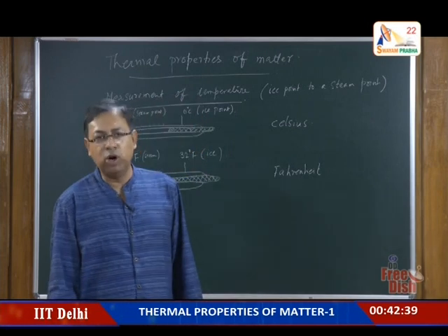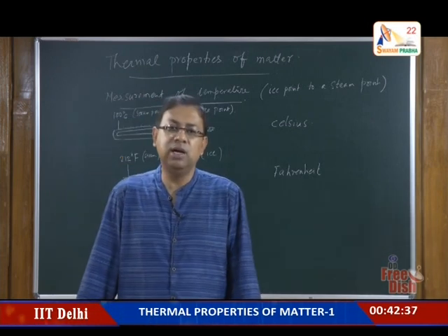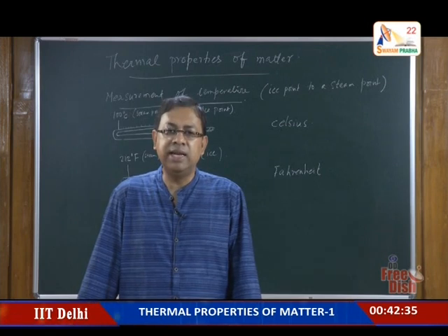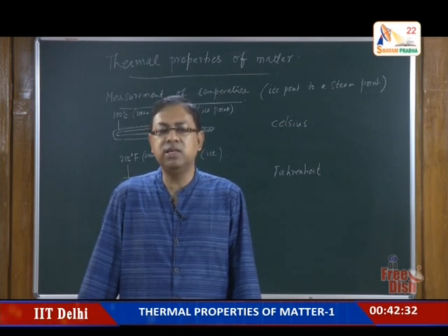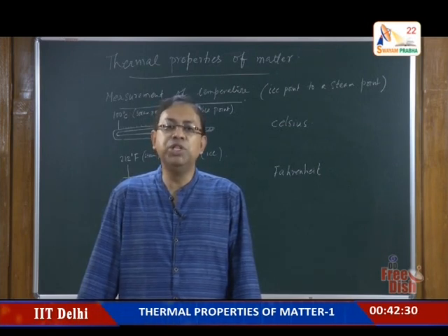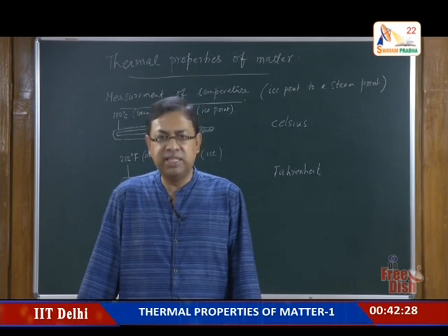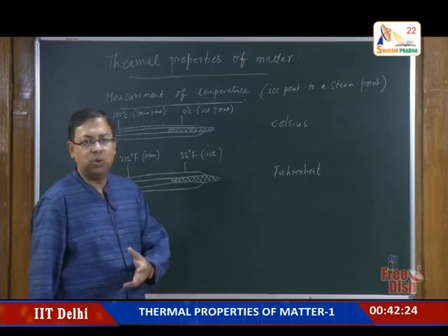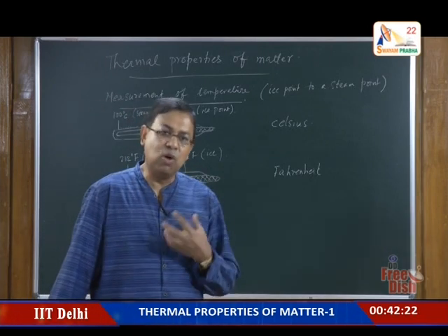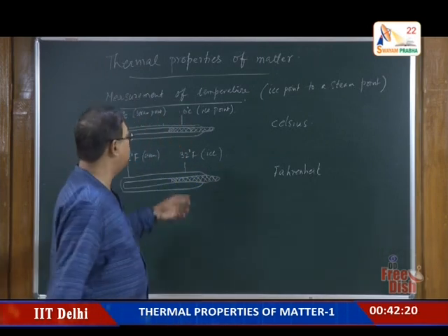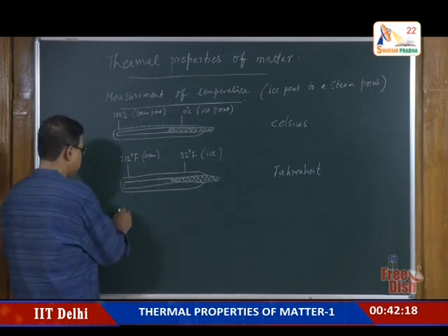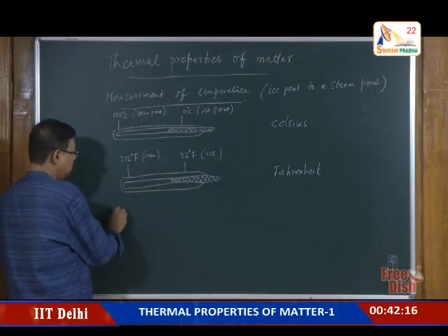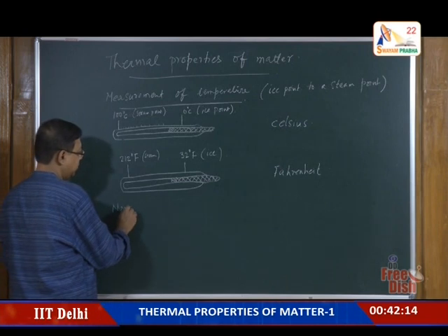And the normal body temperature of any healthy human being is 98.6 degrees Fahrenheit, which corresponds to 37 degrees centigrade. So I'll tell you this relation, and from there we'll also try to derive a relation between the two scales.